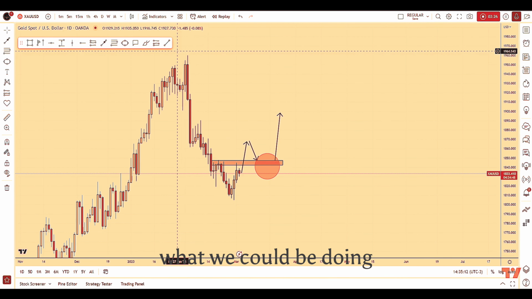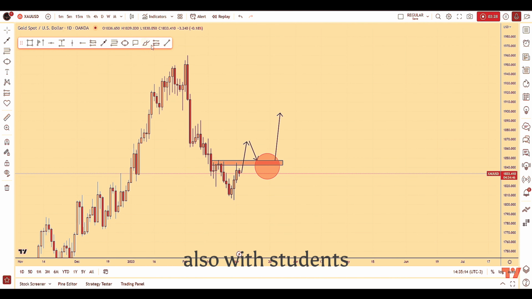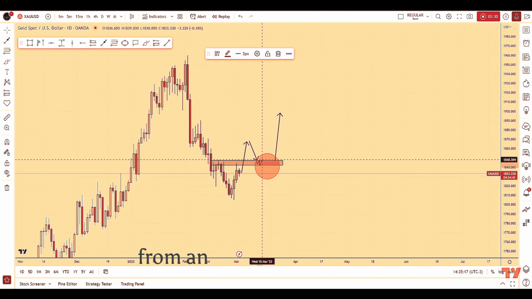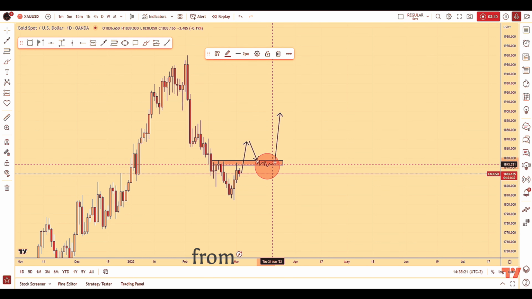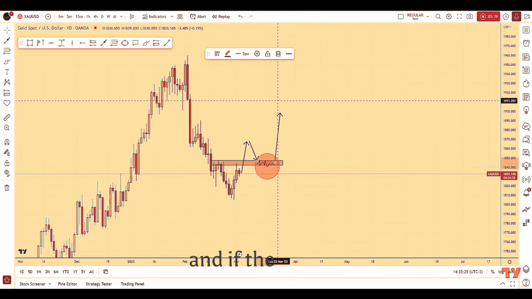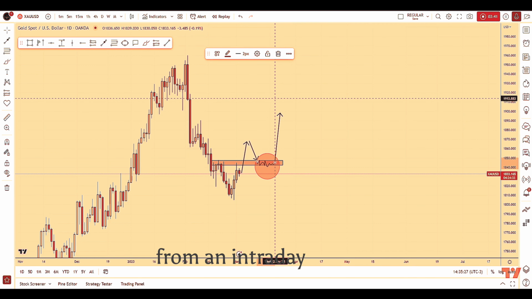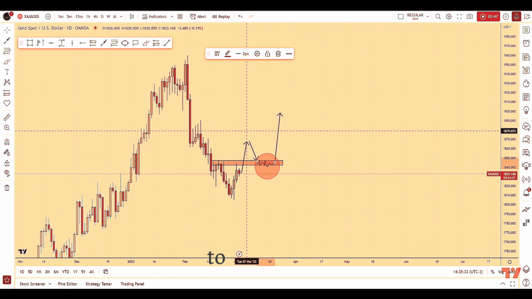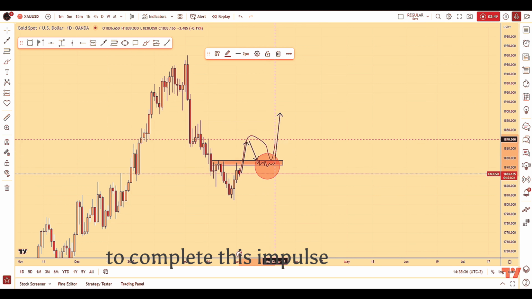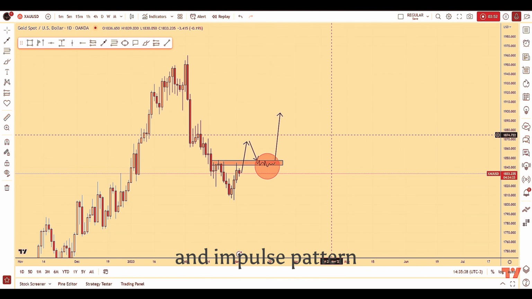Therefore, what we could be doing, potentially also with students, is monitoring price action from an intraday perspective during this move to the downside, waiting for the market to shift from an intraday bearish market as we would have to an intraday bullish market. And if the market would shift from an intraday bearish to bullish market and provide to us one of our valid entries, at that point we could be looking for this potential rejection to the upside for the market to complete this impulse correction and impulse pattern to the upside.